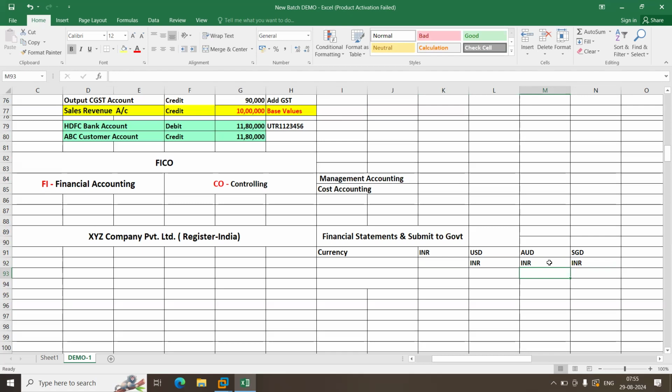So here, if I want to get this kind of financial, we call it parallel accounting. What is meant by parallel? Many places we use parallel line, parallel roads, parallel train track.